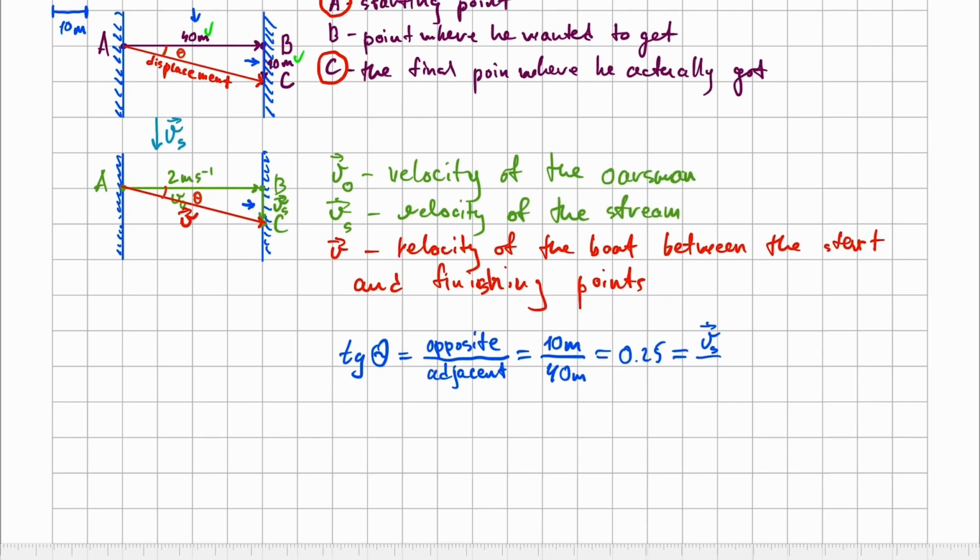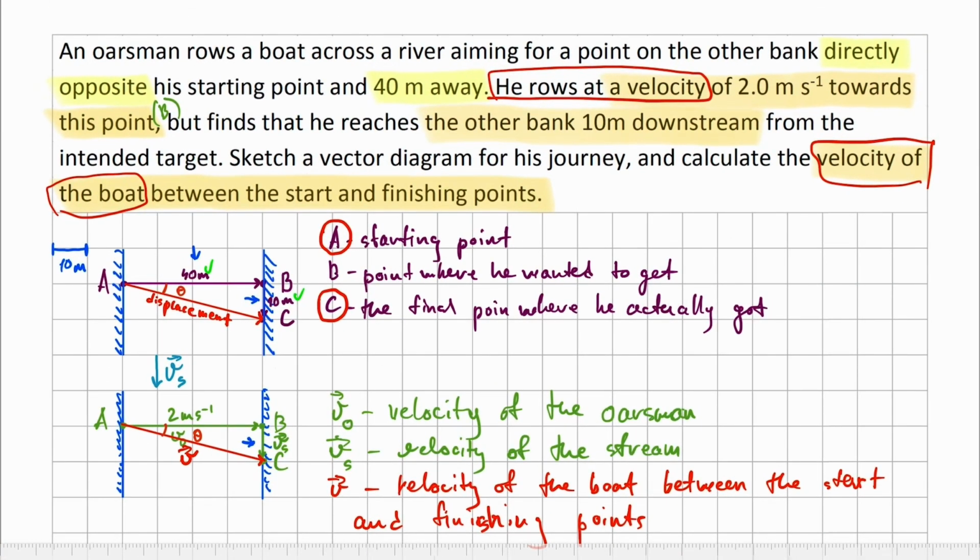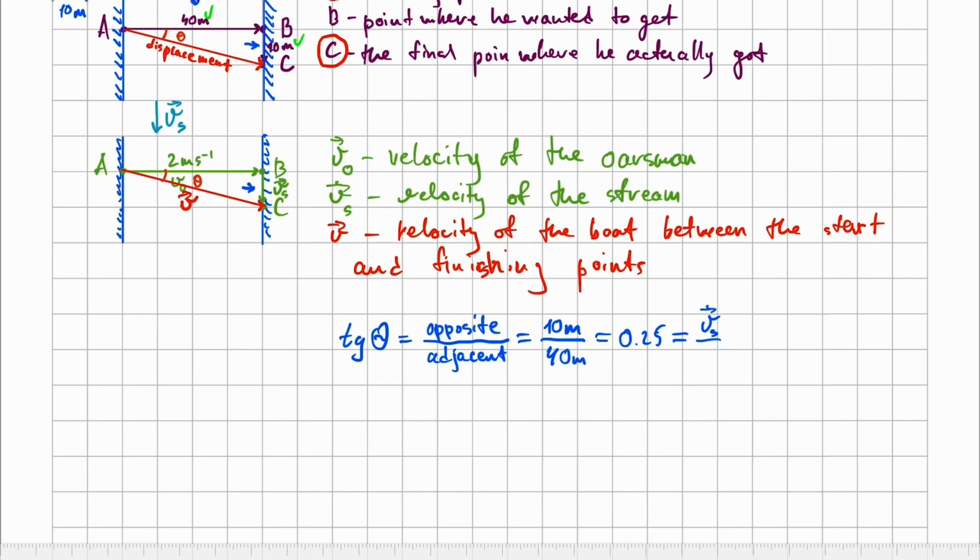And the adjacent is the velocity with which the oarsman is rowing. So this is going to be VO. Okie dokie. So this is how we got here, and this is the main conception of this problem, how you get from tangent to this statement.